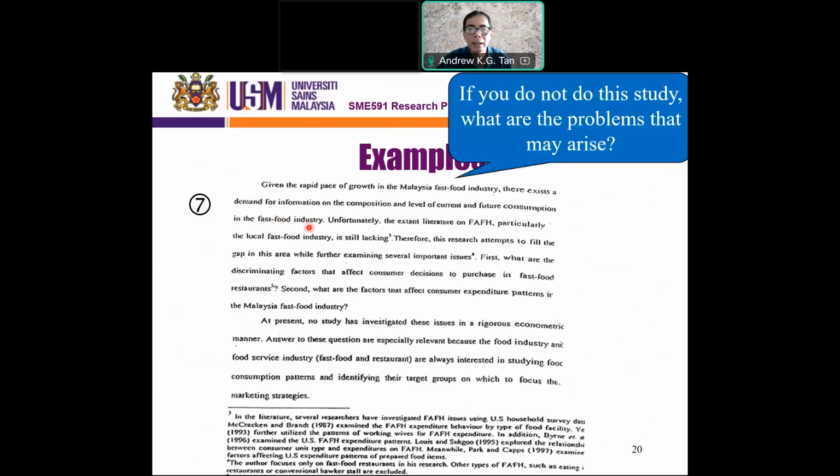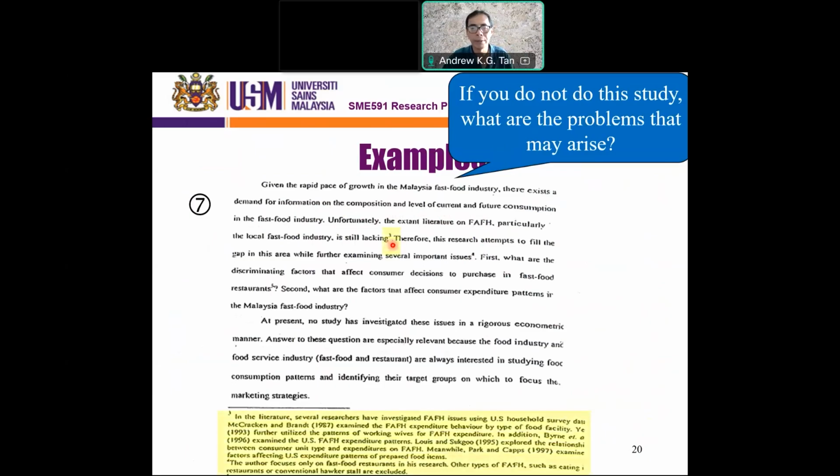What are the problems that may arise is that there is a lack of information on the composition and level of current and future consumption in the fast food. "Unfortunately, the extant literature on FAFH, particularly in the local fast food industry, is lacking." So far, it's good.